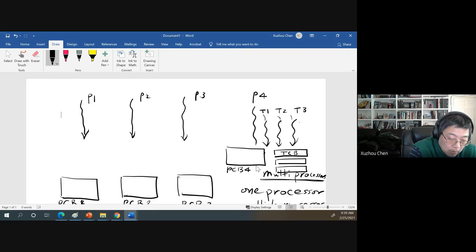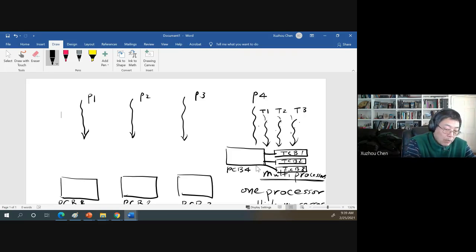Sometimes we call it TCB, thread control block: thread control block 1, 2, 3, corresponding to each thread. These thread control blocks are associated with this process control block, because a thread is associated with a process.